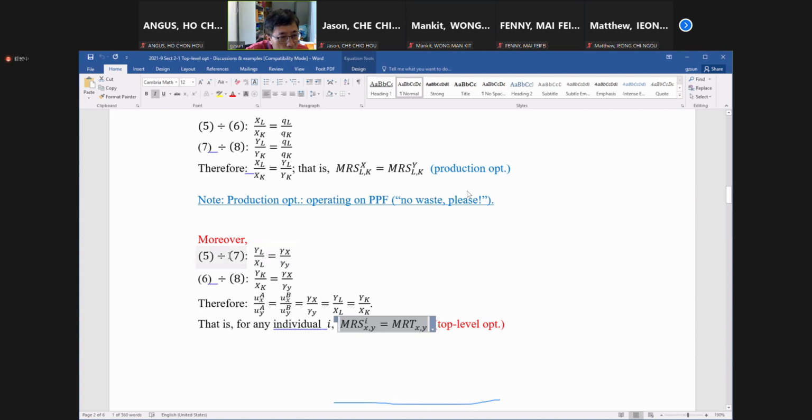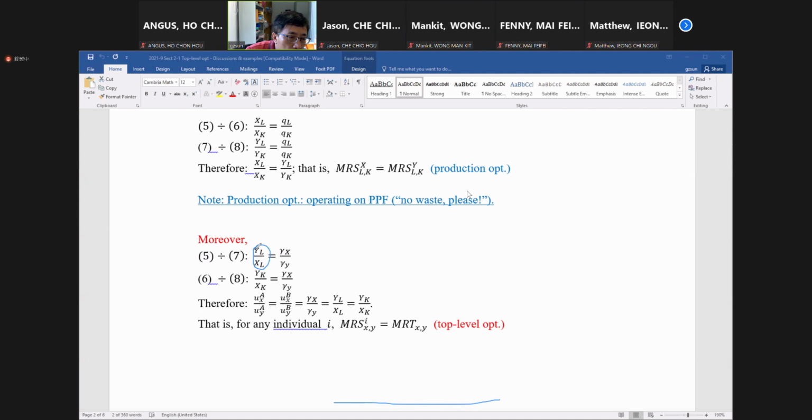If you focus on this equation, what's the economic meaning of this one? Forget about the mathematics. Just focus on how to understand this equation. Again, let me explain a little bit further.